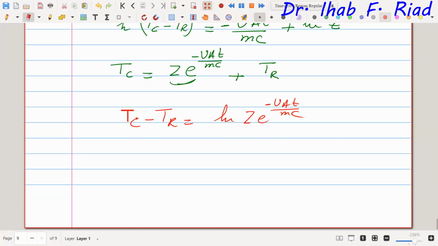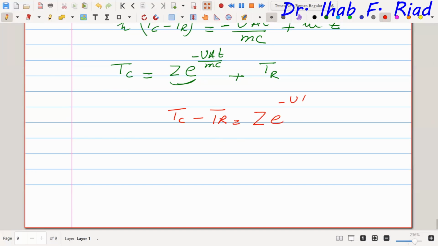Okay, I got it now. So what we do, we take the ln function. We have TC minus TR is equal ZE minus UA T over MC. When we do the ln function or the log function, we do it for both sides at the same time.